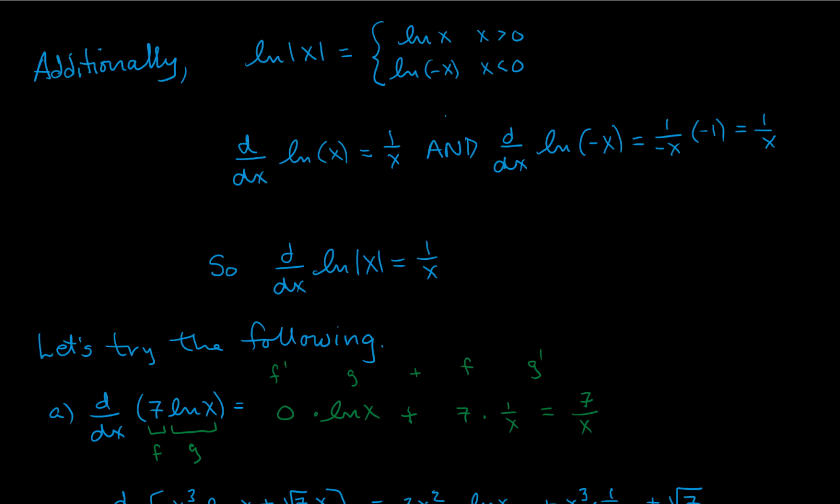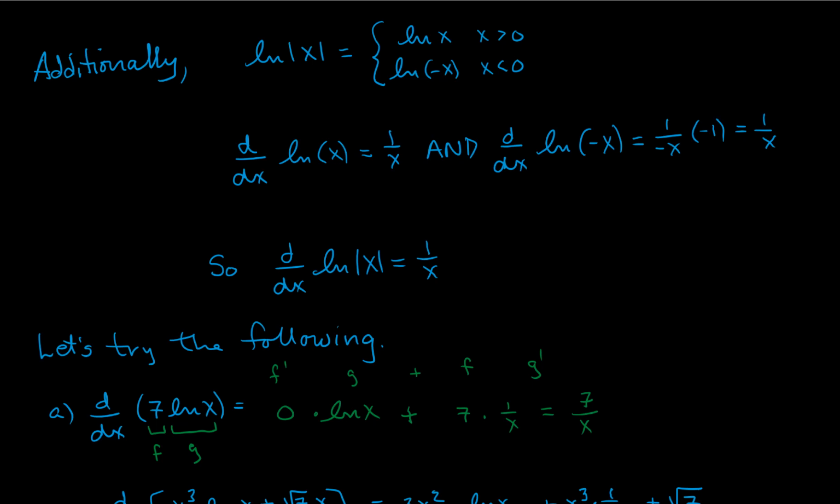We define the natural log of the absolute value of x as the natural log of x when x is greater than 0. If x is a negative value, we evaluate the natural log of negative x. The negative here will offset the negative x value, getting us back into the range of positive values that natural log can work with.